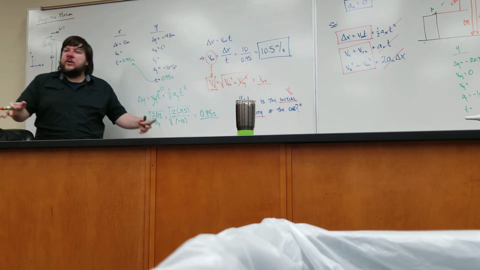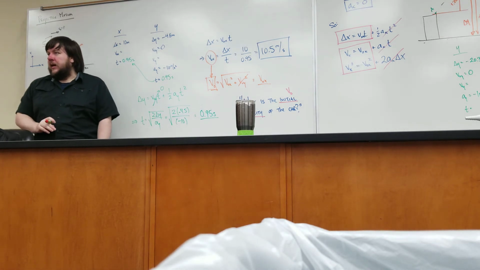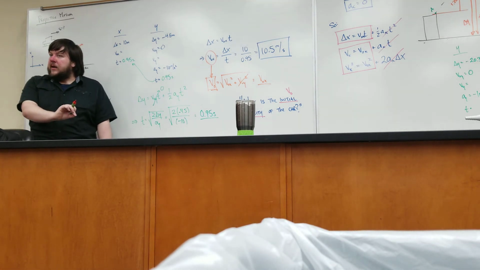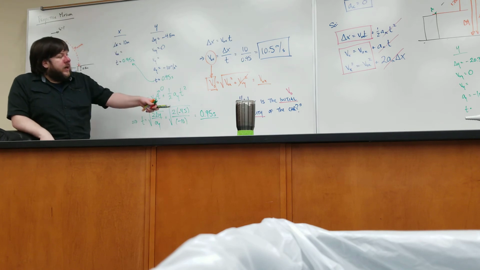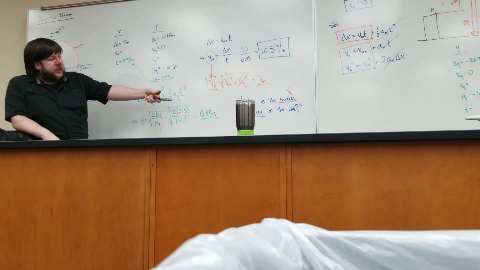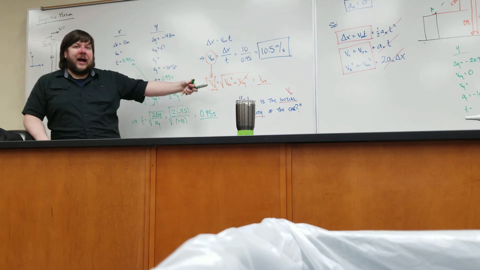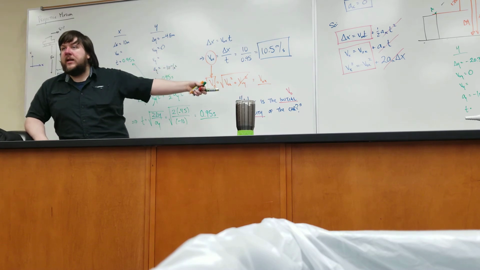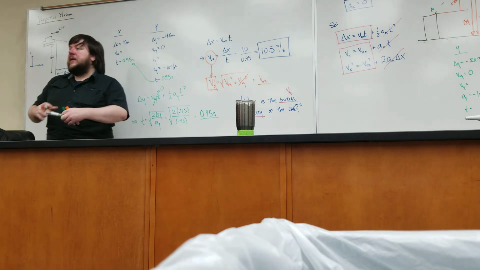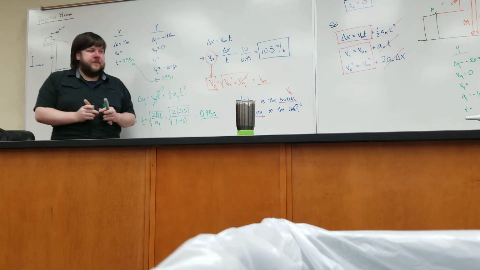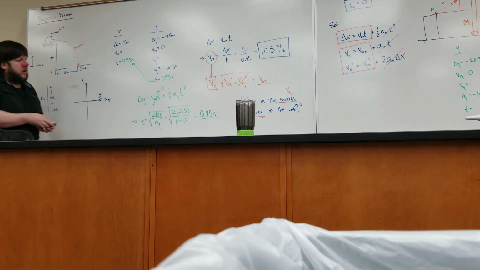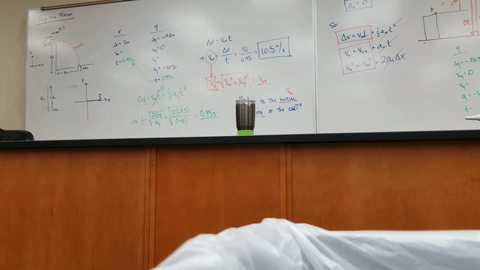It's the magnitude of the entire initial velocity. It's not going to be v naught x or v naught y. This is not saying what is the initial velocity in the x direction or in the y direction. It's not asking for a component, it's asking for the magnitude of the entire vector. Okay? Any questions?